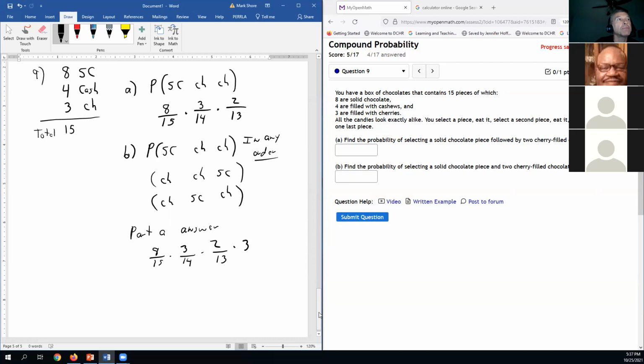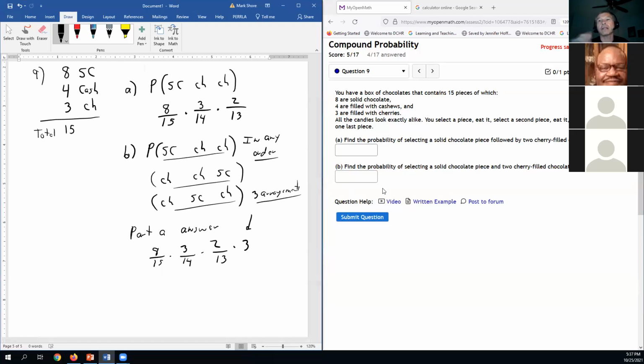Where'd the 3 come from? The 3 arrangements. This comes from the 3 arrangements of these. See, 1, 2, 3. Boom. And I would just type it in like that.